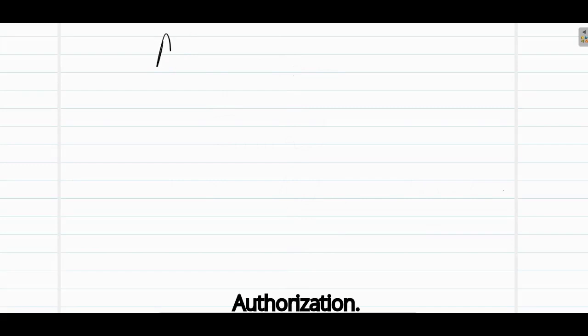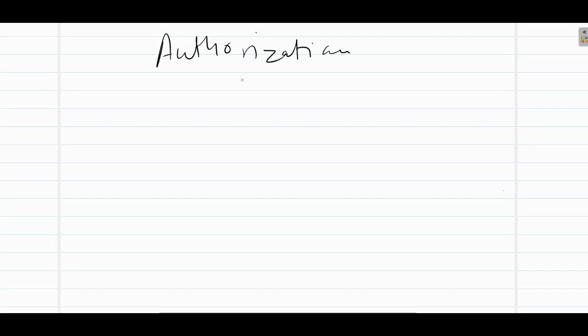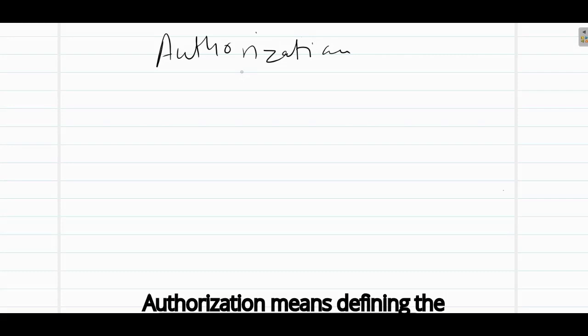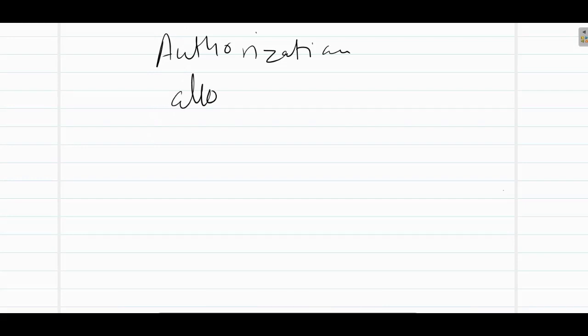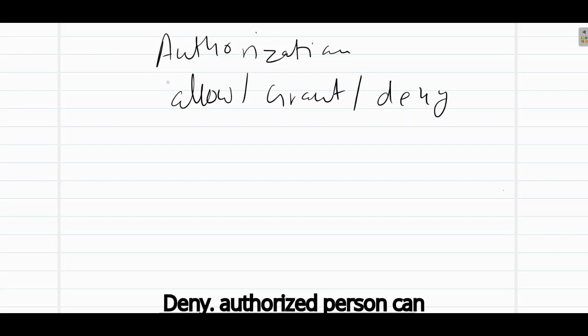Next, authorization. Authorization means defining the permissions of resources for a specific identity. Permission means allow, grant, or deny.